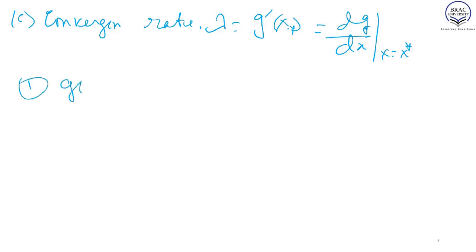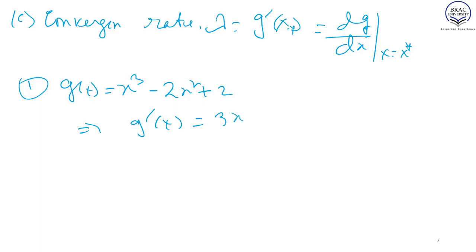Here g of x equal to x cubed minus 2x square plus 2. So from here we compute the g prime of x, which is pretty easy, 3x square minus 4x, that is.